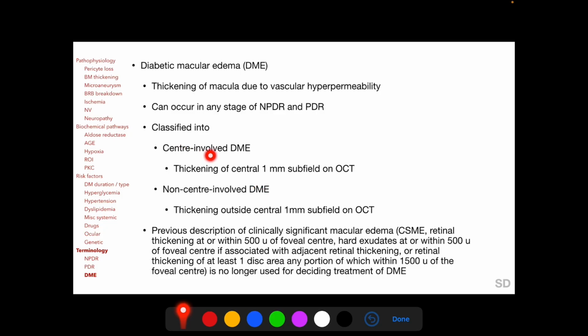Center involving diabetic macular edema is defined as thickening of the central 1 mm subfield of retina on optical coherence tomography, and non-center involved diabetic macular edema is defined as presence of thickening of the retina outside the central 1 mm subfield on optical coherence tomography. Previous description of clinically significant macular edema or CSME is no longer used for deciding treatment of diabetic macular edema.